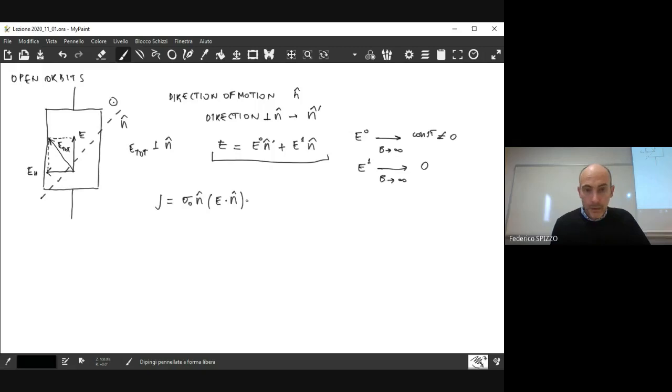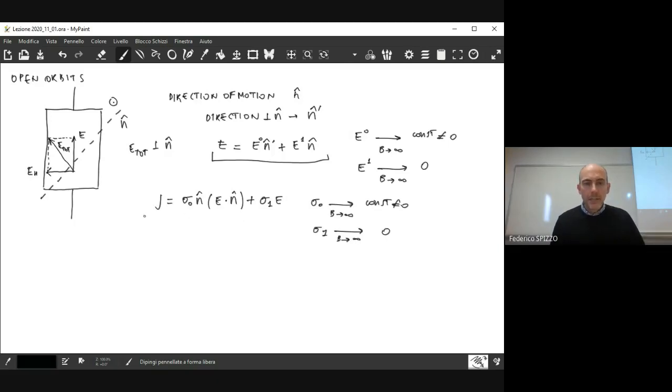What we are missing then, what we have now is sigma 1 E, where sigma 1 is anything else, so all the other possible contributions to the density current that depend on E. But while sigma 0 in the high field limit will be constant and different from 0, sigma 1 in the high field limit will be equal to 0.